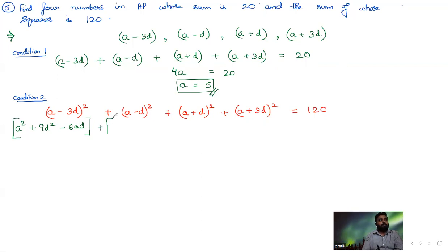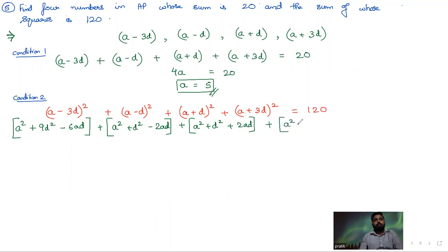Going with the second term expansion: this is a square plus d square minus 2ad. If you look into this, everything is like terms. You can add and do the necessary things. Plus a square plus d square plus 2ad, plus a square plus 9d square plus 6ad.